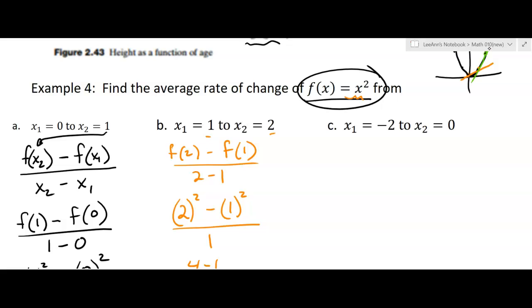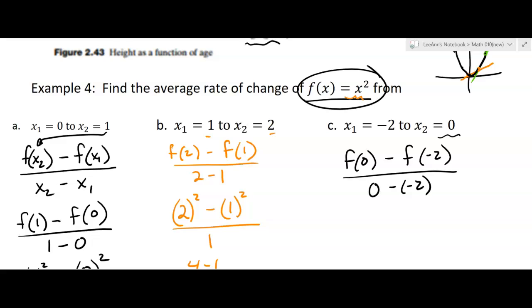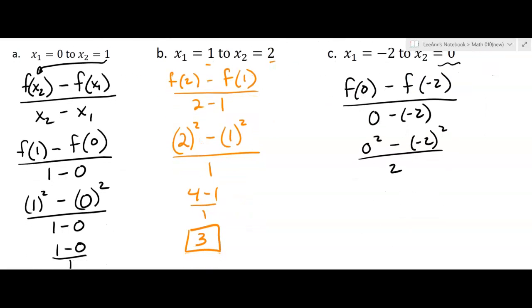Now we're going to do this last one. So it's going to be f of 0 minus f of negative 2 over 0 minus negative 2. So you're going to have 0 squared minus negative 2 squared over 2, or negative 4 over 2, which is negative 2.